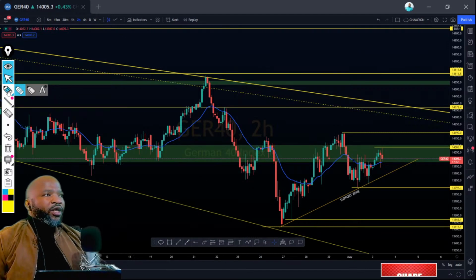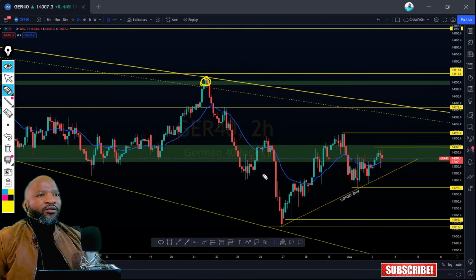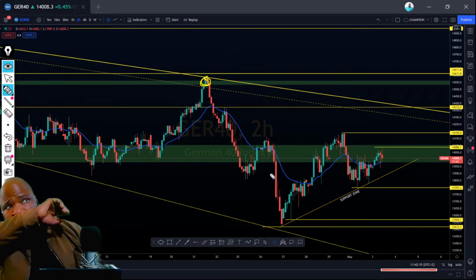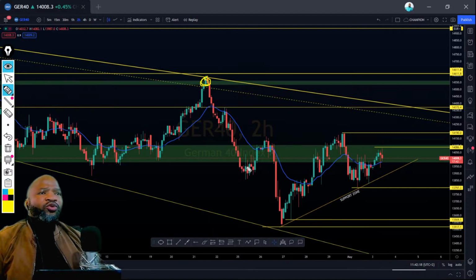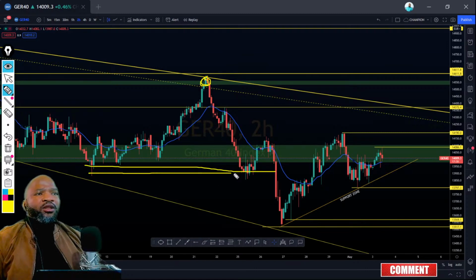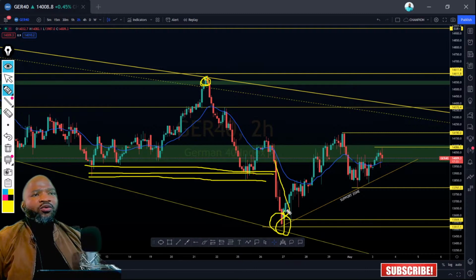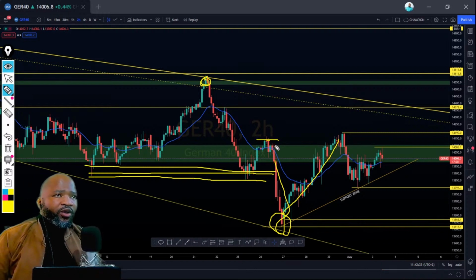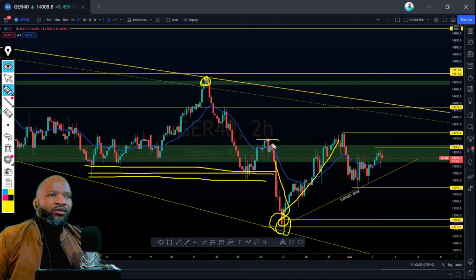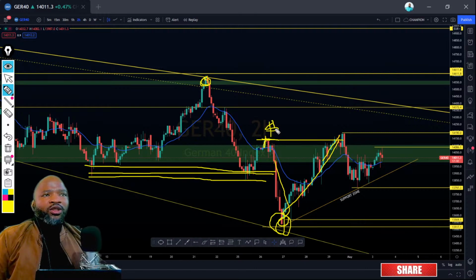So one thing that we can look out for, you can see the price gave us a lower high and pushed towards the downside where it was respecting the level, but it broke. This is our lower low and it pushed towards the upside. This is not our lower high, this is our lower low, because the price managed to break and collect liquidity around here.